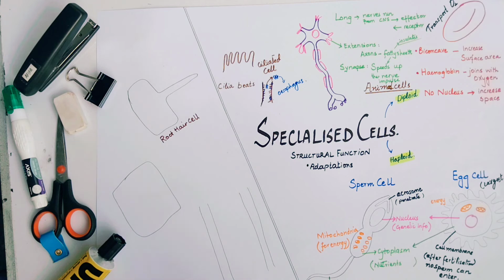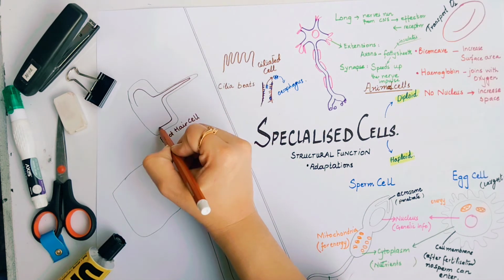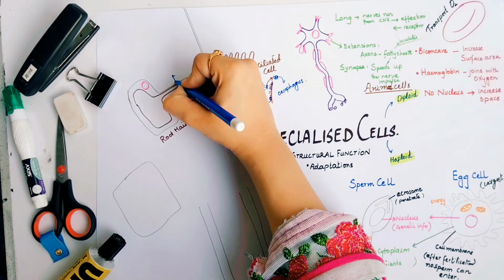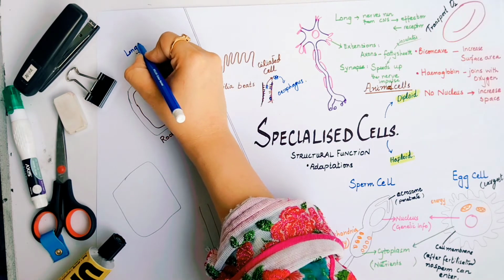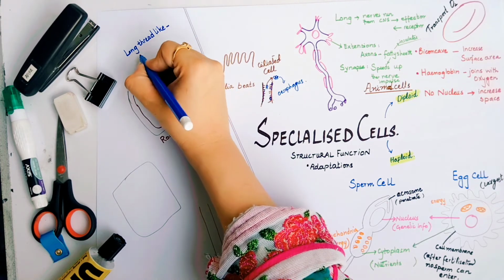Like we look at the root hair cell, it has an elongated tail-like structure which allows it to absorb more nutrients and water from the soil. This adaptation allows the root hair cell to absorb more and more nutrients.